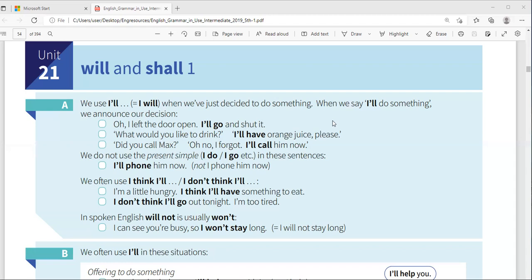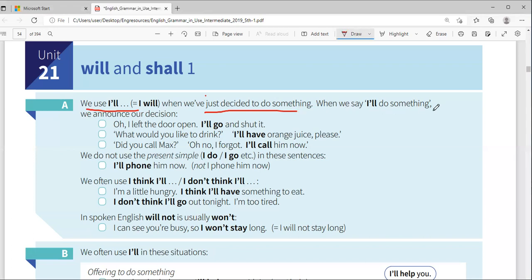If you look at part A here, it says we use "I will" or "I'll" when we have just decided to do something. The decision comes at the time of speaking.